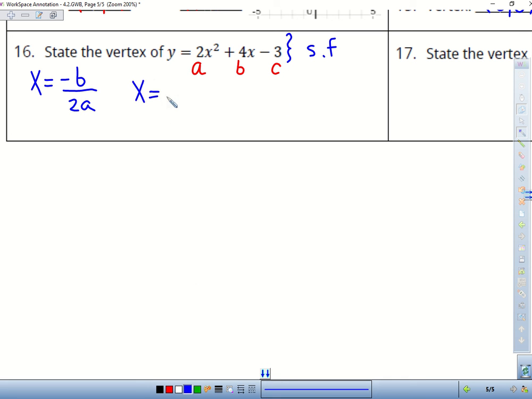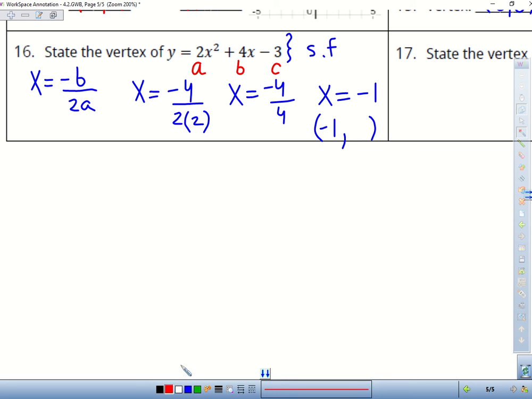So with that information, we're going to plug it into the formula. We've got x equals negative 4 over 2 times 2. So that's x equals negative 4 divided by 4, which is negative 1. So we've simply found the x-coordinate of the vertex. So what do we have to do to find the y-coordinate? Plug it in.